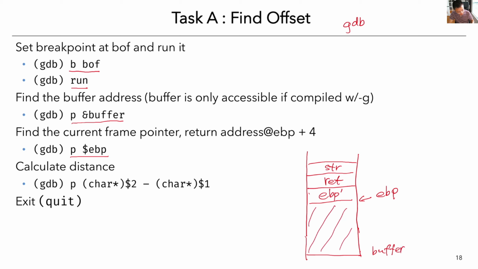This whole area belongs to the buffer. So if we take the value of the EBP register minus the address of the buffer, we get this offset, the distance between EBP and the buffer. Okay.